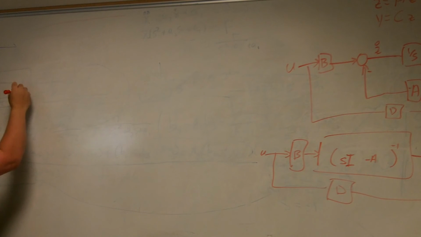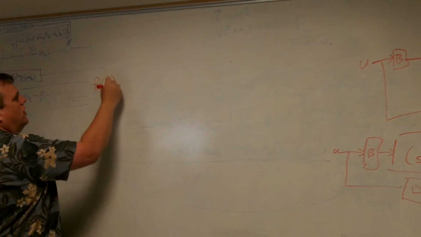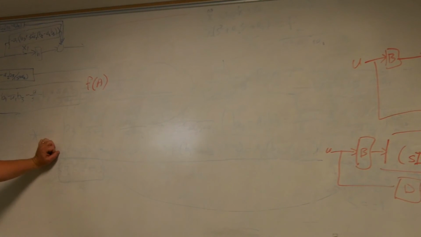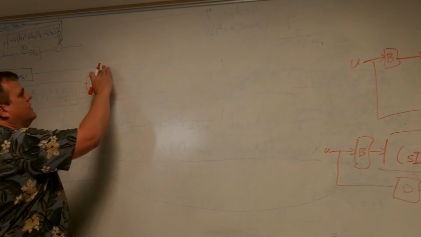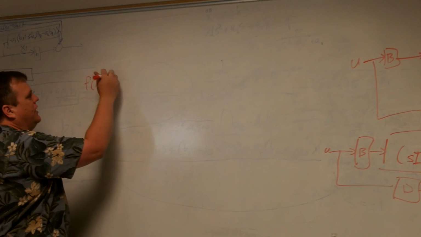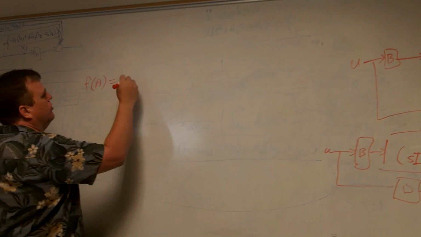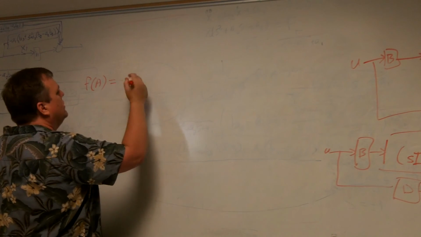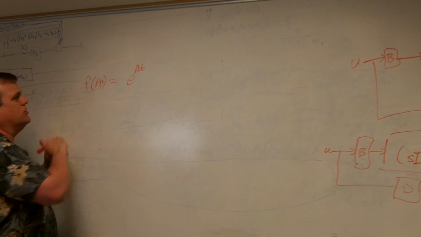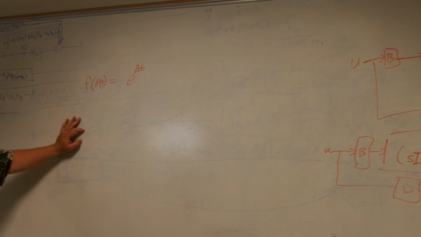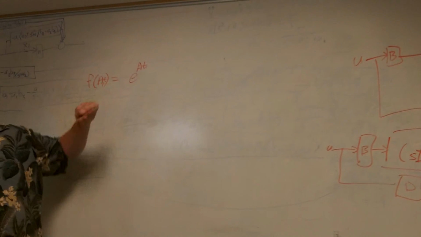So consider some function of matrix A. I don't care, let's pick one that actually matters to us. Technically, we'll say this is a function of A and T, and let's say it's e to the AT.